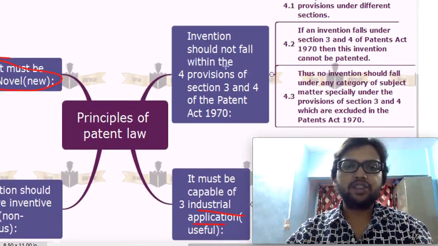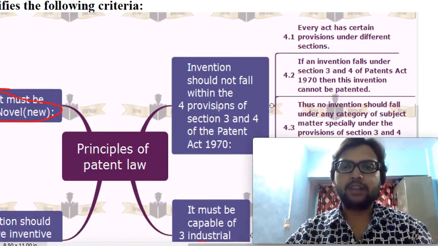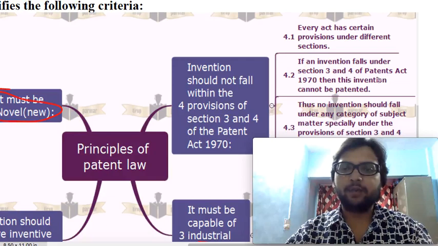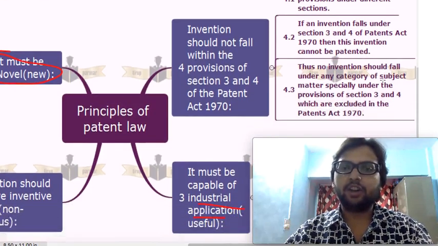Now, an invention should not fall within the exclusions of Section 3 and 4 of the Patent Act 1970. Every act has certain provisions, as we know. If an invention falls under Section 3 and 4 of the Patent Act, then it cannot be patented.